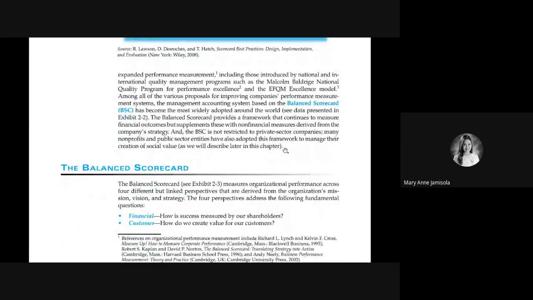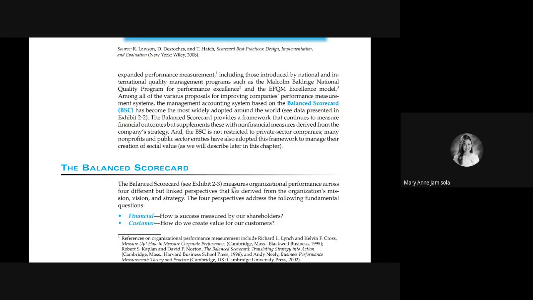Okay, so here we can see that there are four perspectives. Okay, four perspectives that should be included in our balanced scorecard. And what are these four perspectives?